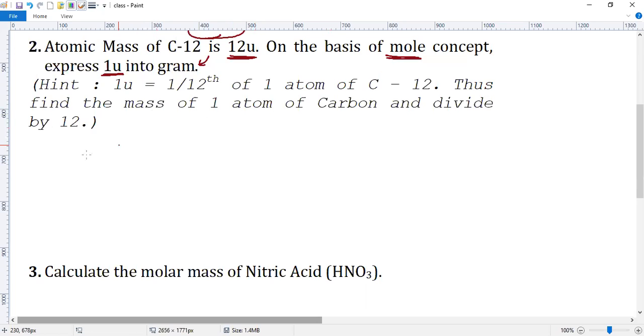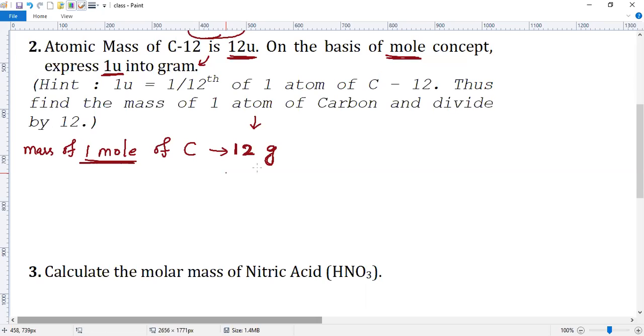You know that 1 mole of carbon, what is its mass? 12 grams. Correct? Its mass will be 12 grams.